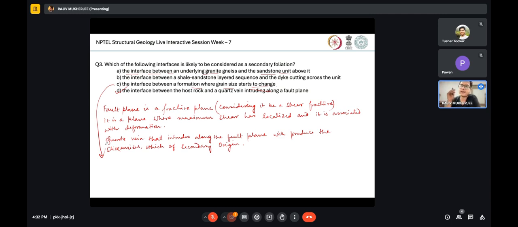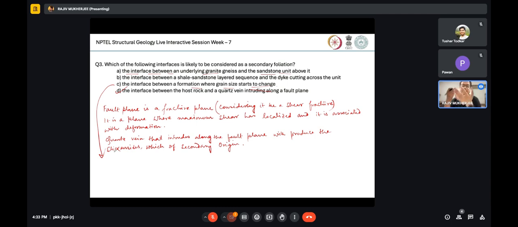But if we talk in terms of sedimentary rocks, then the transition from one grain size to another will simply mean that we have two different rock units. Even within a sandstone, say we have a coarse sandstone and a fine grain sandstone. The boundary along which the grain size transition happens is basically a bedding plane, because you are differentiating between two deposits, right?